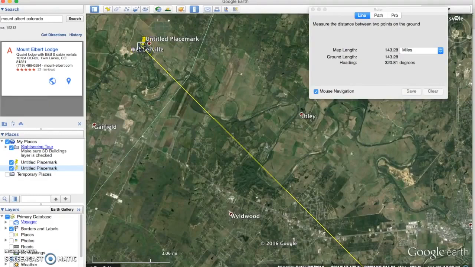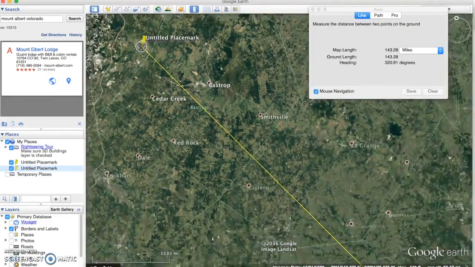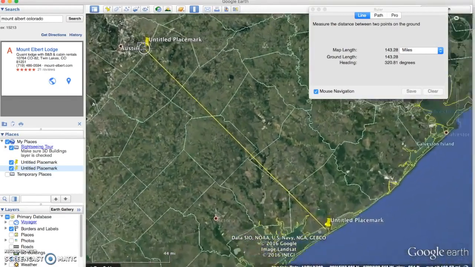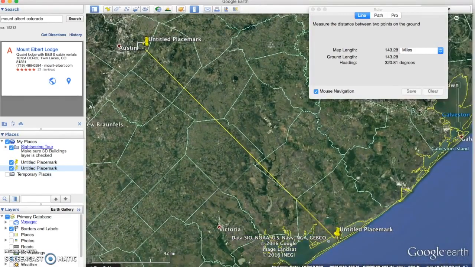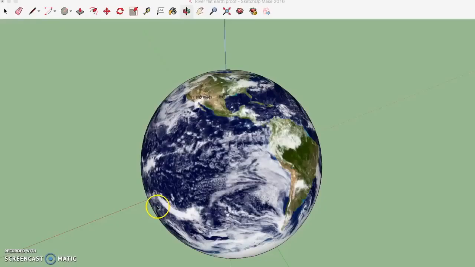We've got about 143 miles. So that is a straight shot line right there. We know that the river is going to twist and turn. Its course is going to be much longer, but we have 143 direct miles from where I'm at to the coast, and I sit at 400 feet above sea level.